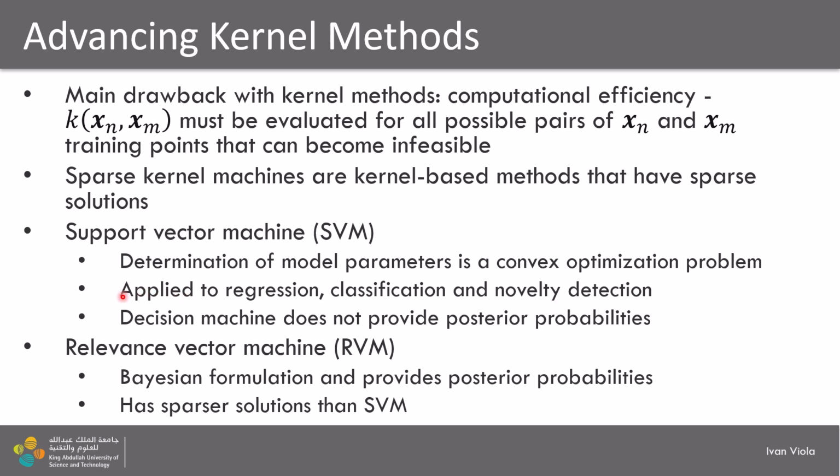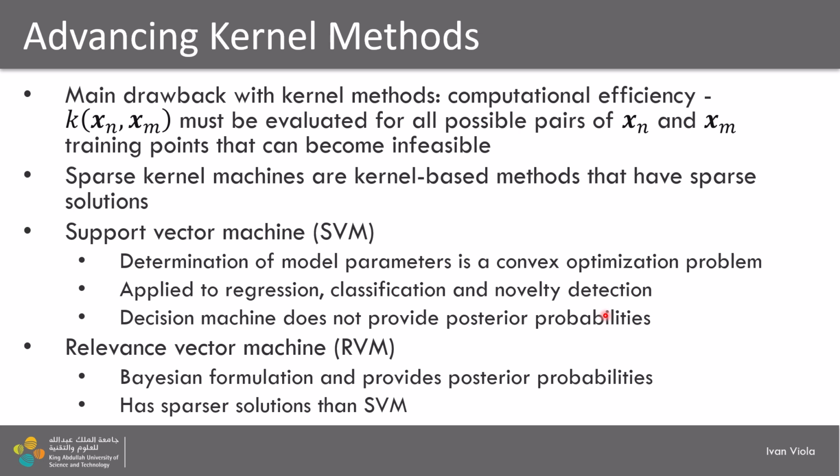This is a decision machine. This means that it's a decision function, and it doesn't really provide posterior probabilities, like we had in the case of Gaussian processes, neural networks, or some of the linear models for classification, which were probabilistic.